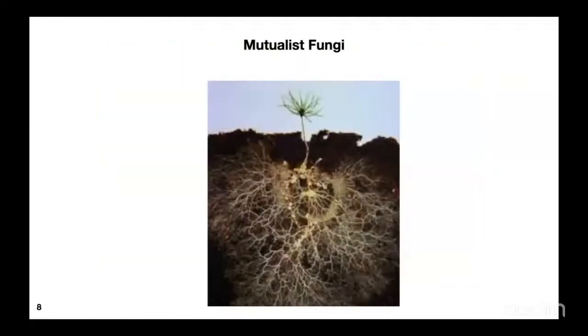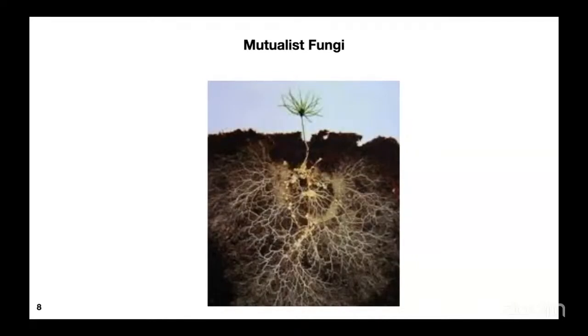Mycorrhizal fungi, meaning fungal, and rhizal, meaning roots, are mutualists which live on and in plant roots, creating a symbiotic relationship between the plant, fungus, and the bacterial partners. The mycorrhizae reduce plant stress. They offer root protection and water and nutrient uptake in exchange for carbohydrates, carbon, energy, and fatty acids.